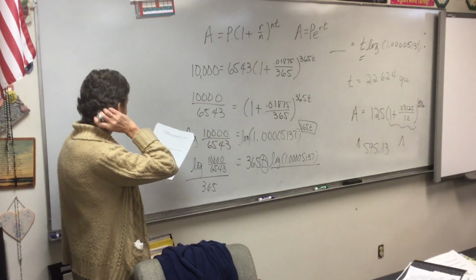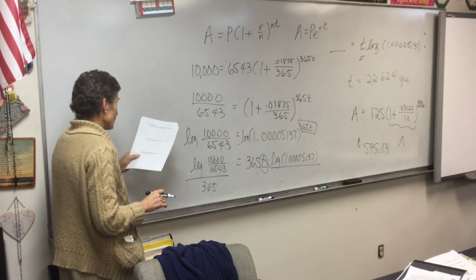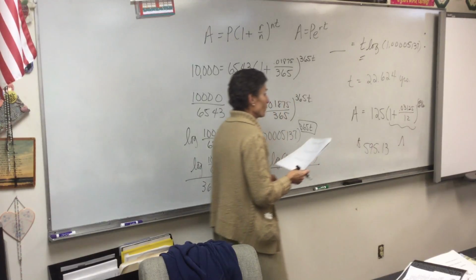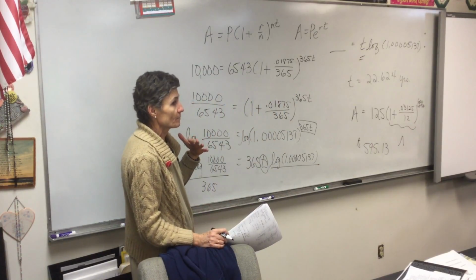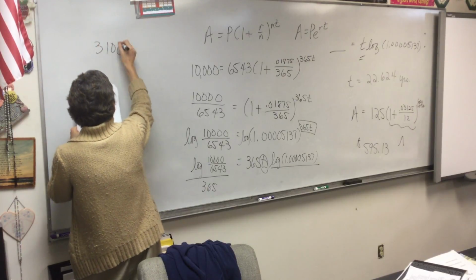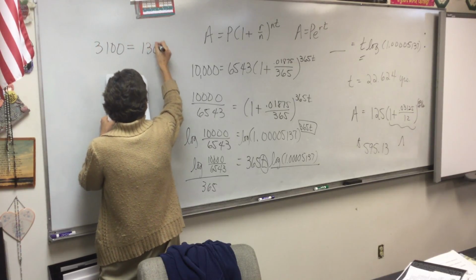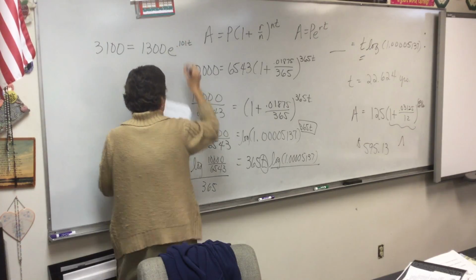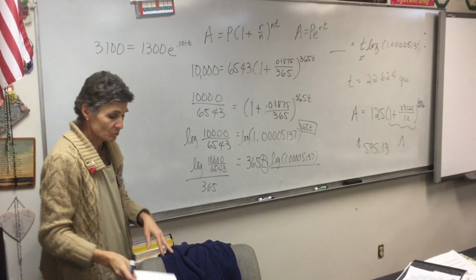All right, how long will it take for a population of 1,300 algabites to grow into 3,100 if their growth constant is 0.101? Which formula? So it's a made-up thing. So 3,100 equals 1,300 e to the 0.101 t. I'm hurrying because we're about out of time.